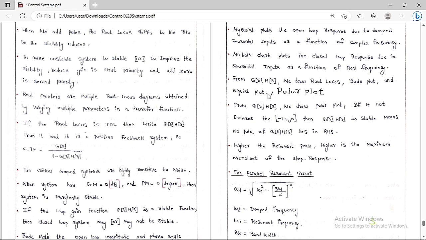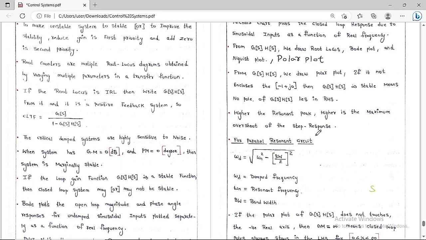And one more important point here: if this polar plot is going to cross the point minus 1 plus j0, it indicates that the system is marginally stable. If this polar plot is going to enclose the point minus 1 plus j0, the system is said to be unstable. Similarly, if the polar plot is going to enclose the point, it is said to be unstable. This point you always have to keep in mind.